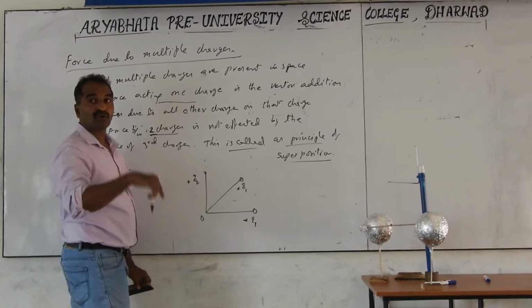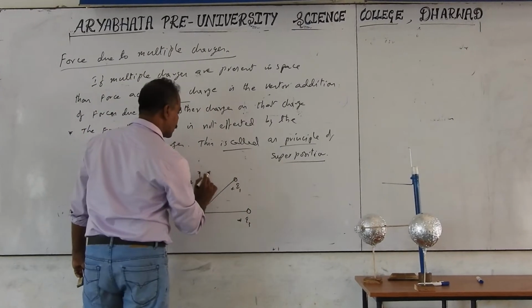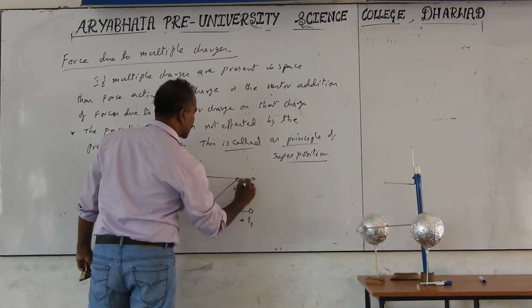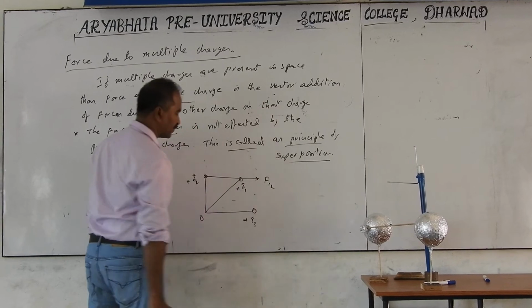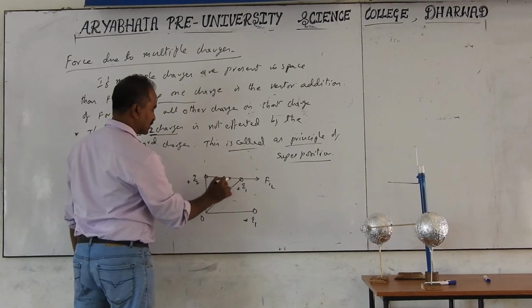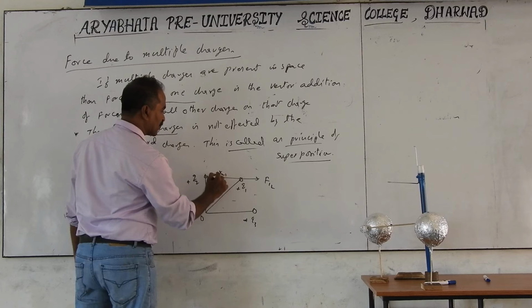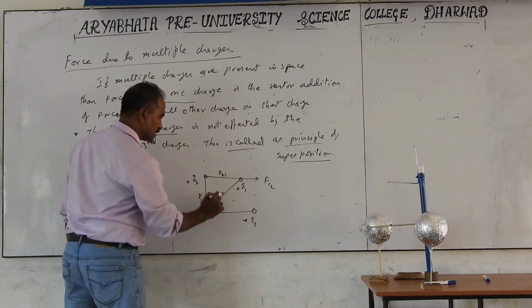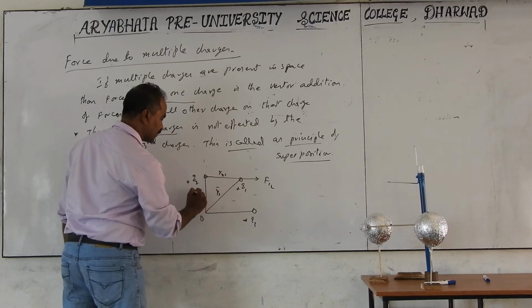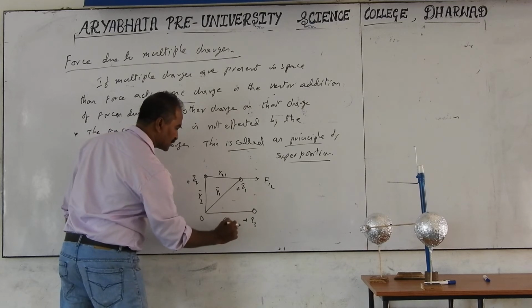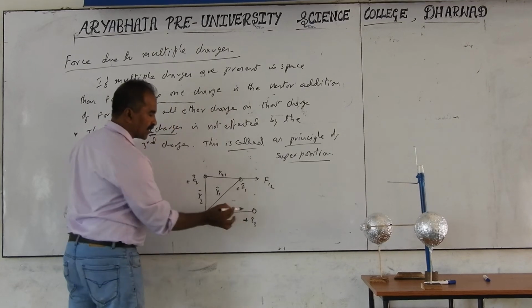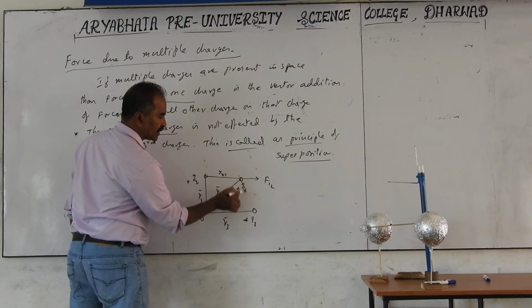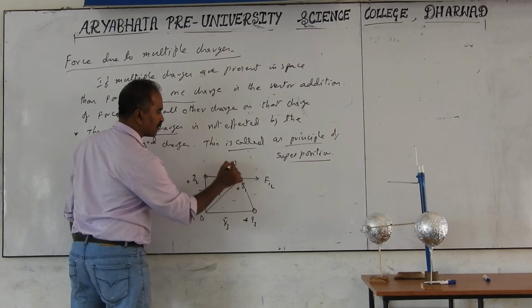I want the force on Q1. The force on Q1 is in this direction, equal to F1, and this displacement we take as R2. This position vector is R1 and this position vector is R3. Then Q3, Q2 also repulsion will be there, that will be like this, equal to F1.